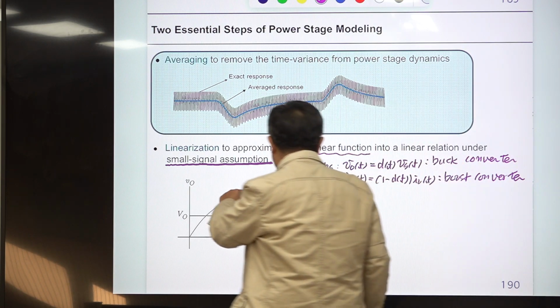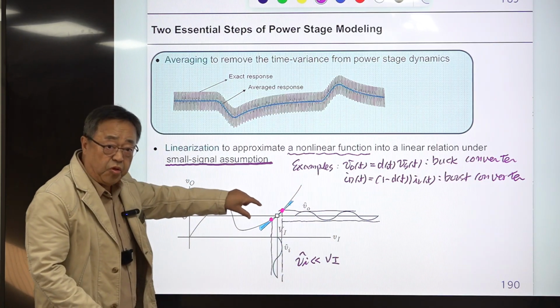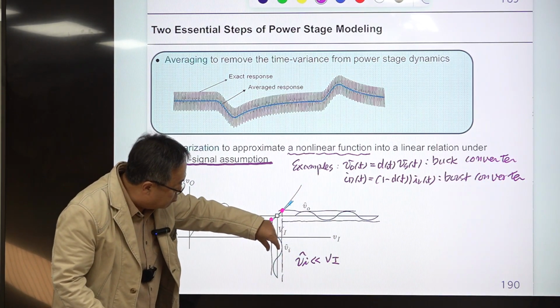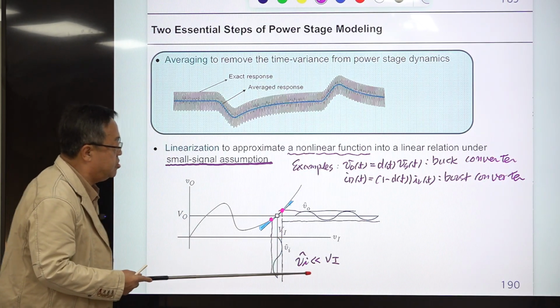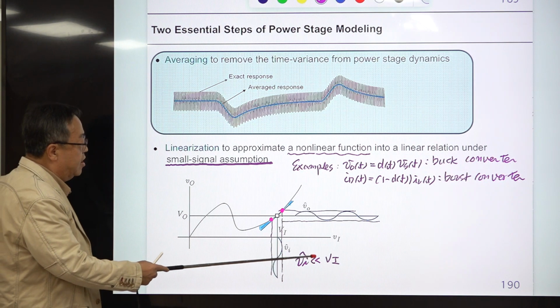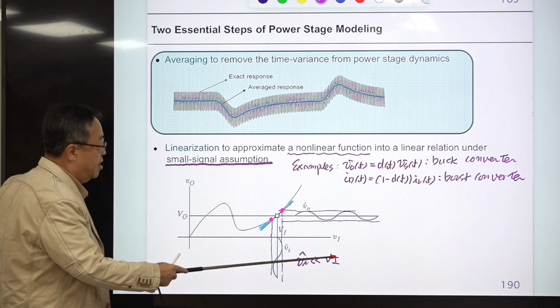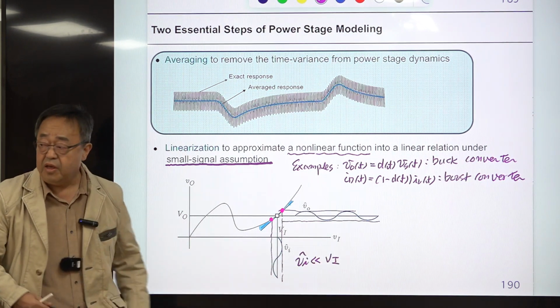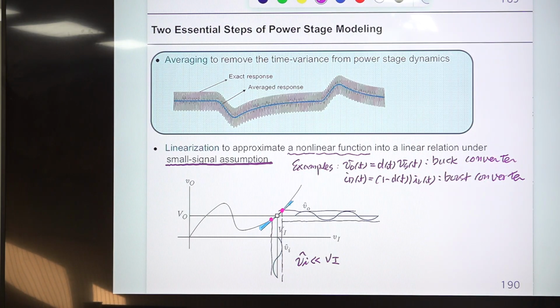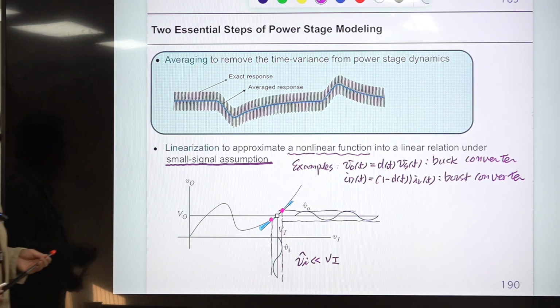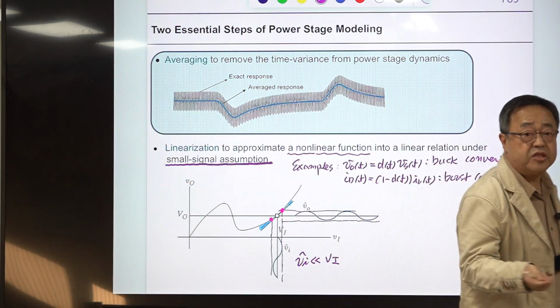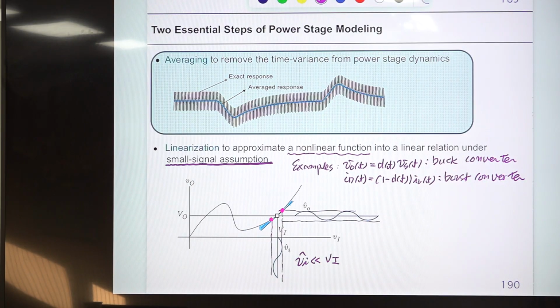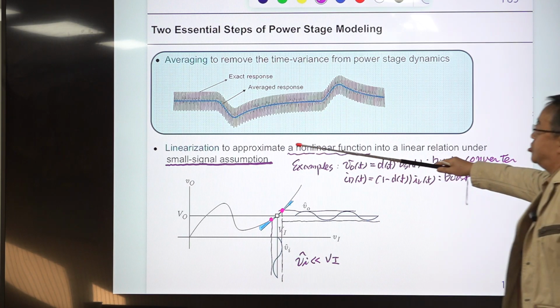To minimize this error to an acceptable level, this value should be much smaller than this one. So the assumption is that this AC component is much smaller than this DC component, which is called the small signal assumption. Whenever we are talking about the linearization of a nonlinear relationship, we are always using this small signal assumption. Okay.